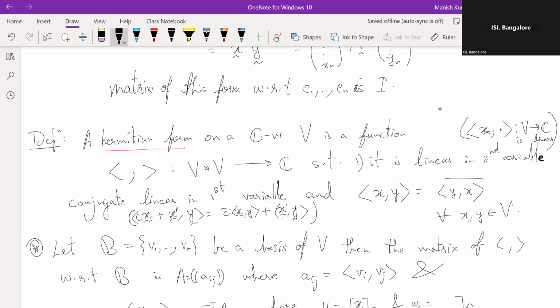So instead of c coming out, the conjugate of c will come out. Here c is in C and x, y are in V.